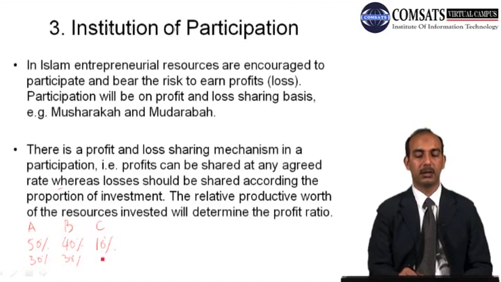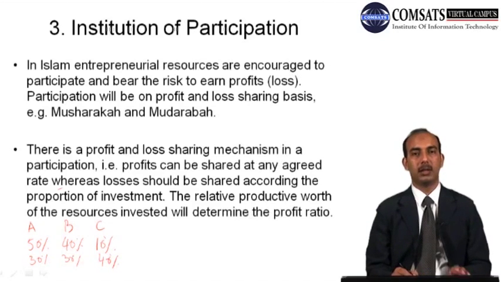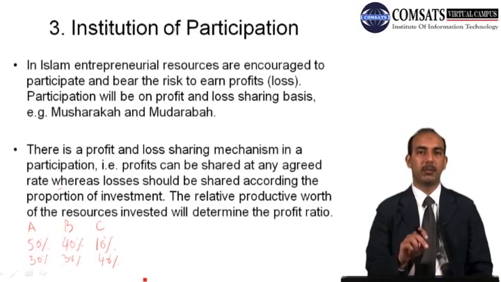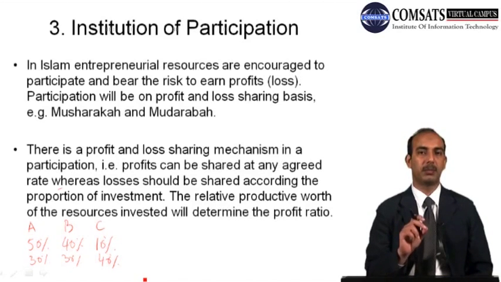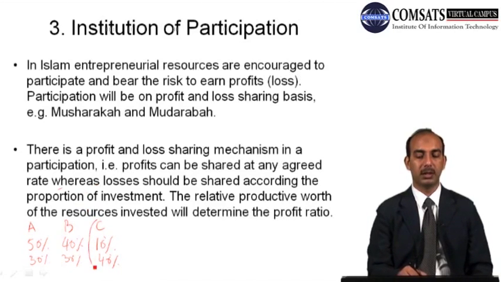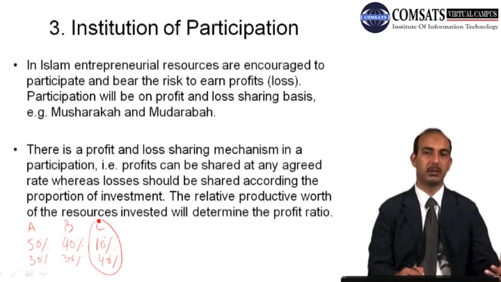30% and 40%. It seems a little strange, but the fact is, depending upon the involvement of the partners in the business activity, will determine the share of the profit of these individuals. For example, C has a lesser share in the total capital, but maybe C is providing more of the business activities, more of the services, whereas B has 40% of the capital and earns 30%.